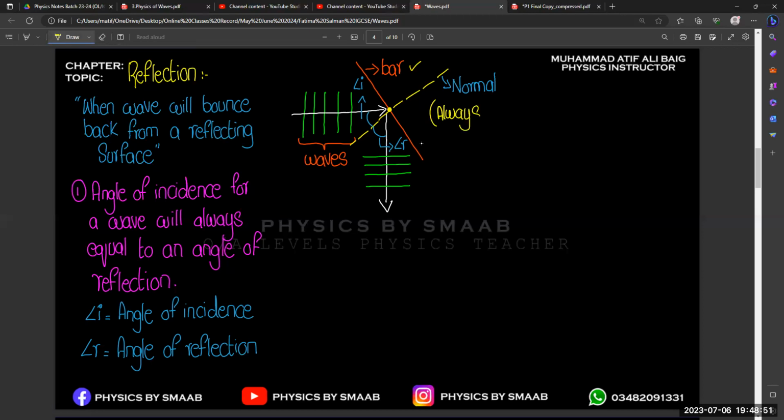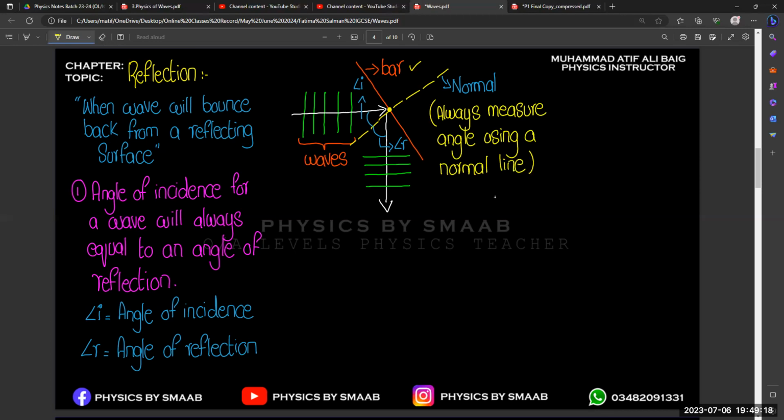That also helps in the first light chapter. We need to measure the angle, so always measure from the normal line, right?